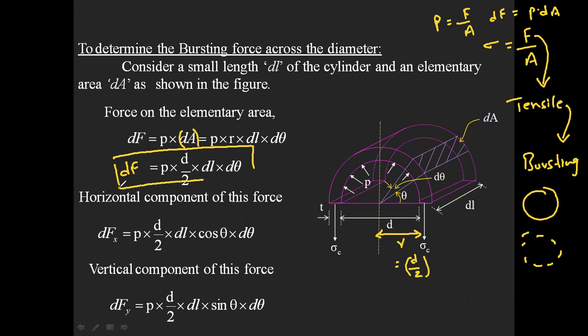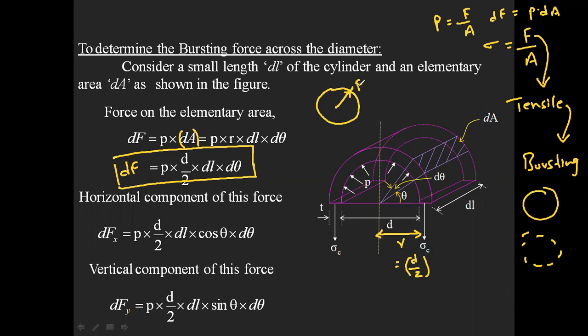This is the bursting force at an elemental strip, the bursting force acting at this elemental strip. From this, let's calculate the horizontal component of this force. So dFx is equal to P into d by 2 into dl into... How does this force dF act in the cylinder? It acts like this, right?